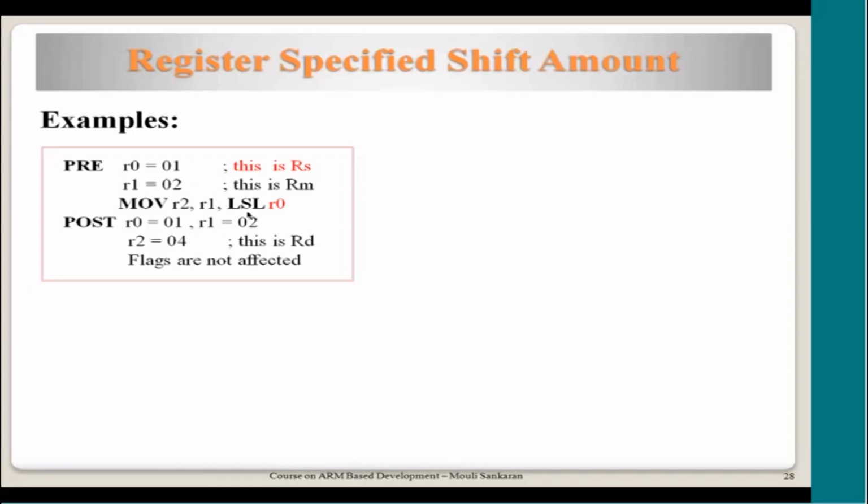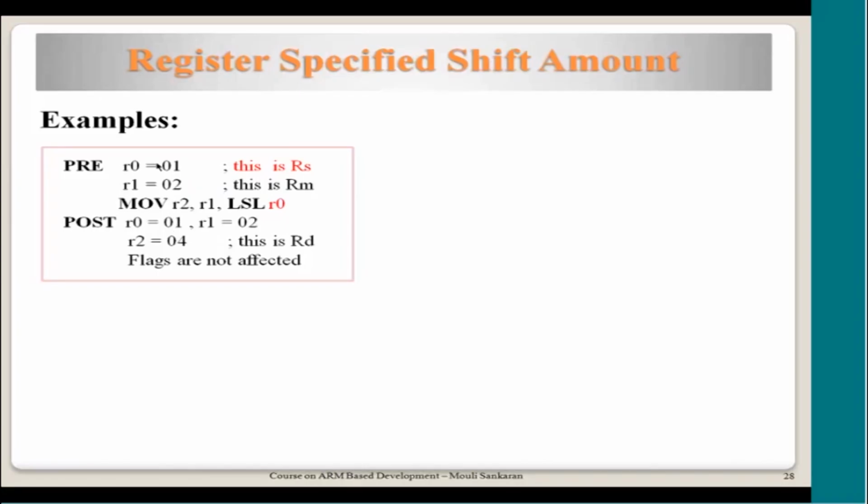Take the value which is in R0, the lower byte value, and that many times you perform this LSL operation on the R1 content. Take the R1 content and then do a logical shift left by as many times as is mentioned in R0, and then write the value into R2.